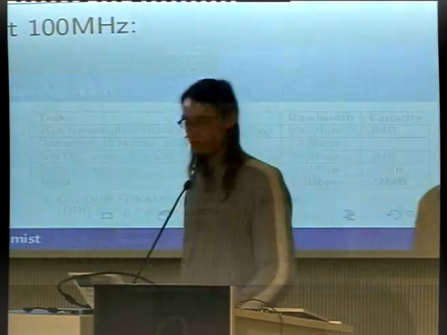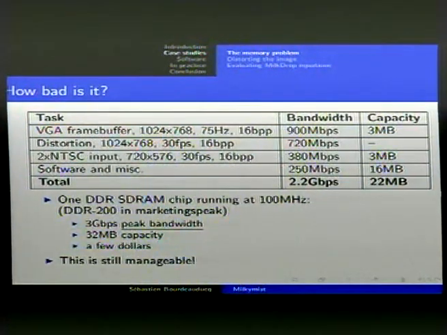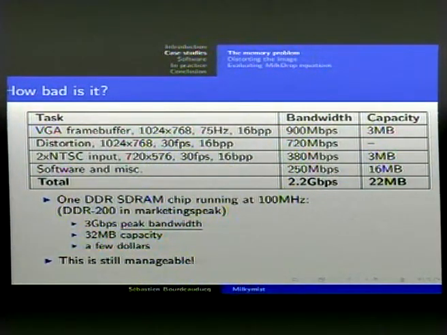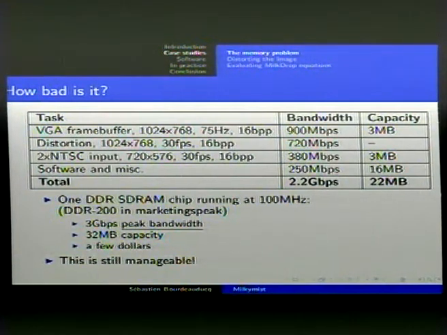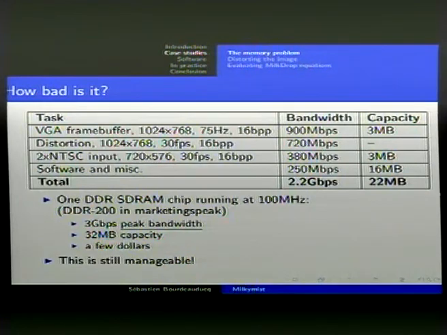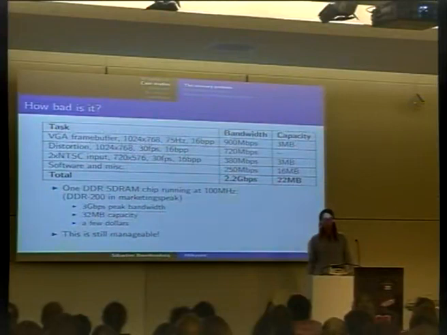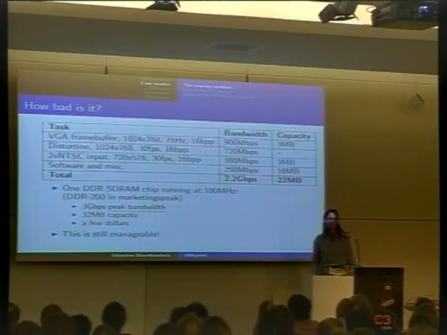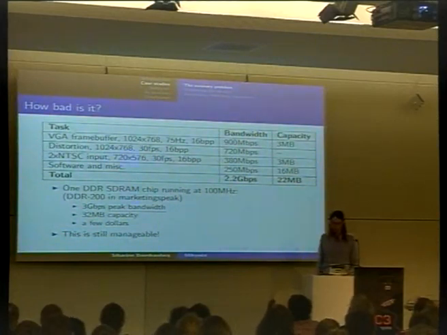First, I will just see how much memory I need. So I will draw the table of the memory bandwidth usage and memory capacity usage. What I need in my system is a VGA frame buffer running at a nice resolution. If you do the math, this resolution requires nearly 1 gigabit per second of memory bandwidth, and approximately 2 megabytes of size. Distorting the image is also a big memory bandwidth consumer; you need 700 megabytes per second.